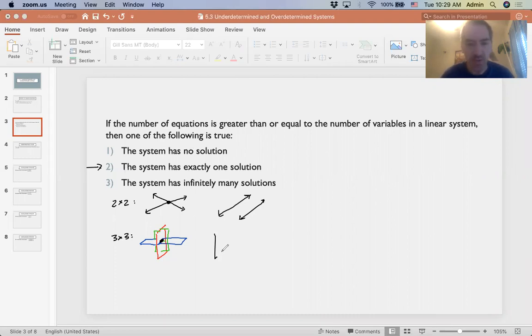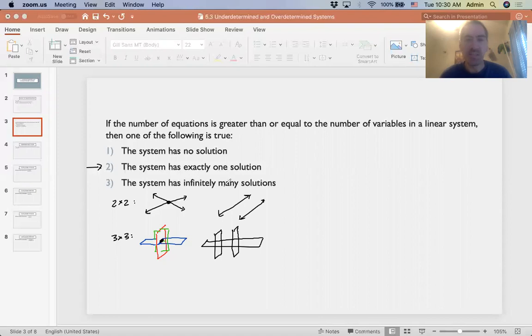If we had 3 planes that are parallel, and all 3 of them would not necessarily need to be parallel, just that they don't intersect. Not all 3 planes are intersecting. We could have something like this. If 2 planes are parallel, that's enough to make the system have no solution. And so that's a no solution case.